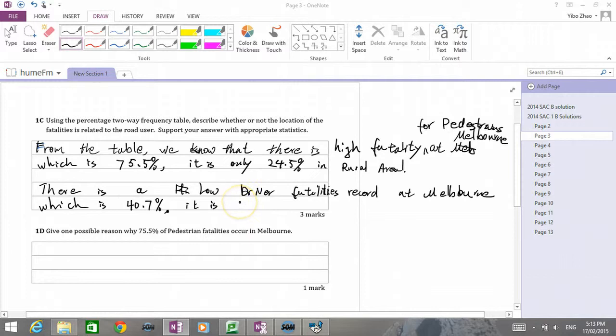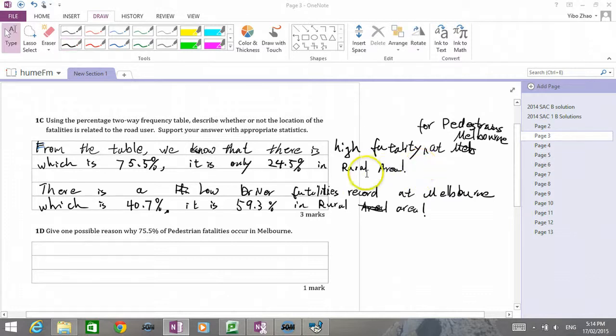It is 59.3% in rural area. So it's just a matter of writing down all this information.